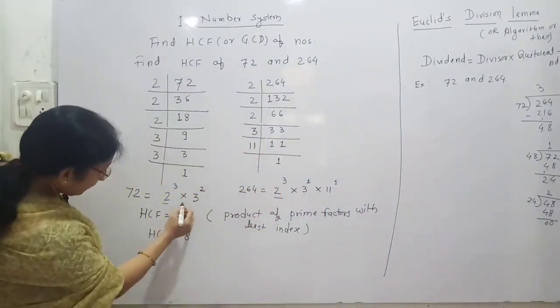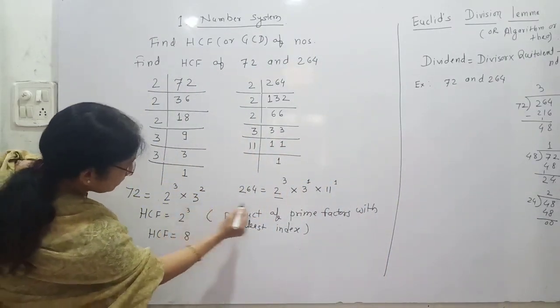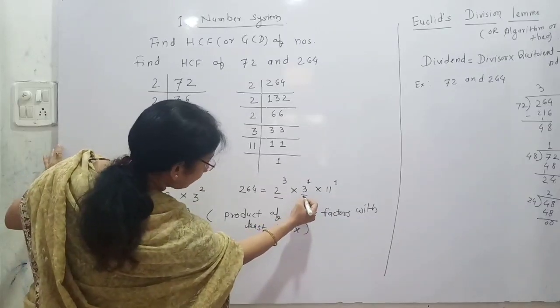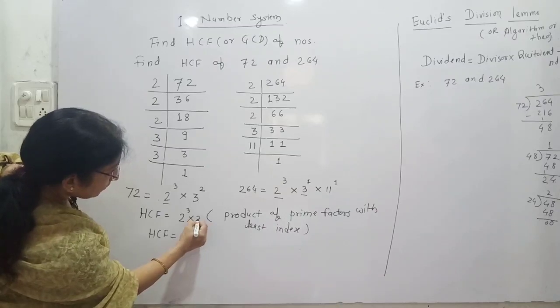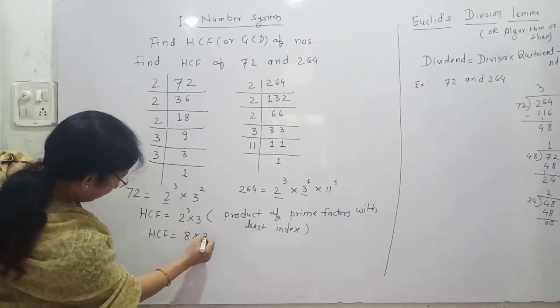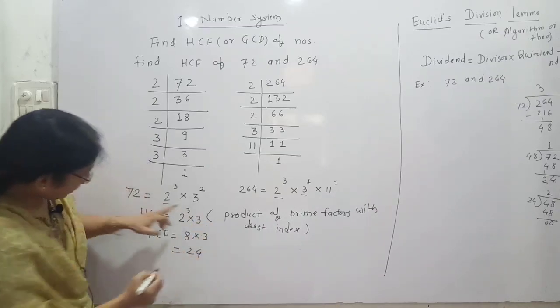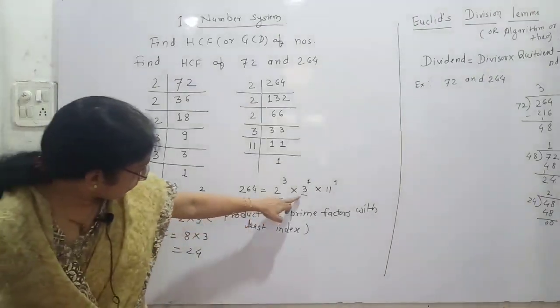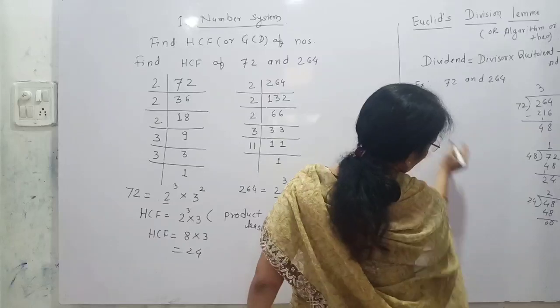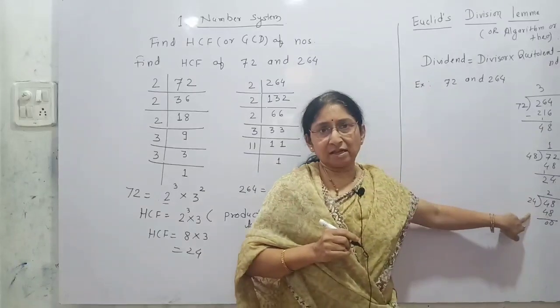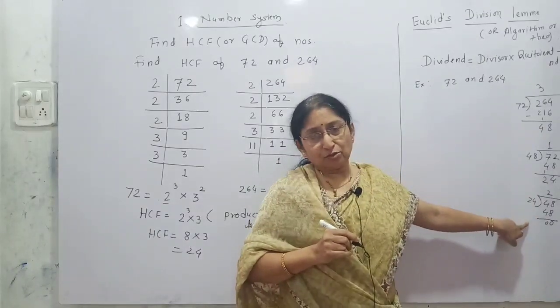No, sorry, here the common factor is 3 also. So multiply by 3, meaning 24 twos are 48. In the third stage the remainder is 0.